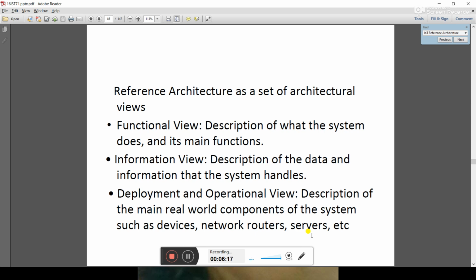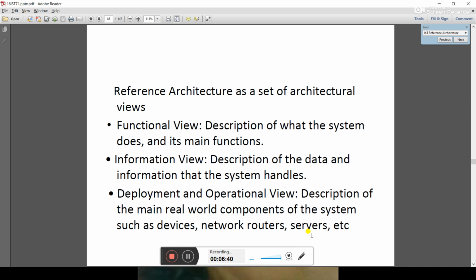The reference architecture is a set of views: architectural view, functional view, informational view, and deployment and operational view. In your syllabus, we need to discuss all these views in complete form so that we can understand the IoT reference architectures.